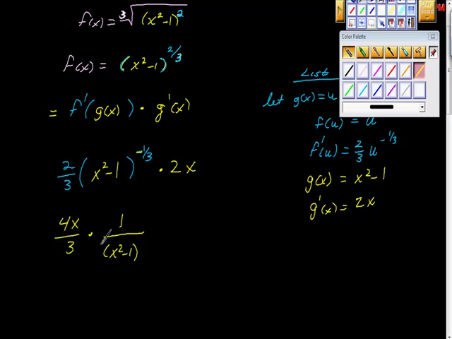And 1/3 power would be the third root, wouldn't it? So we could multiply that out and we could get 4x over 3 times the cubed root of x squared minus 1, couldn't we? And there's our derivative.